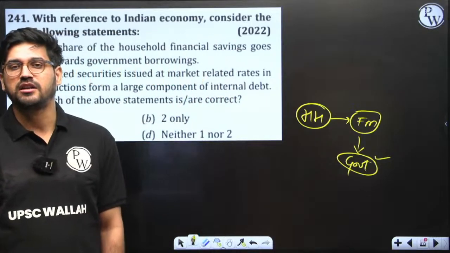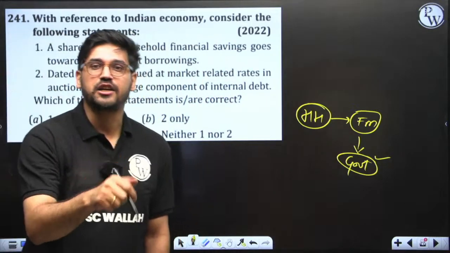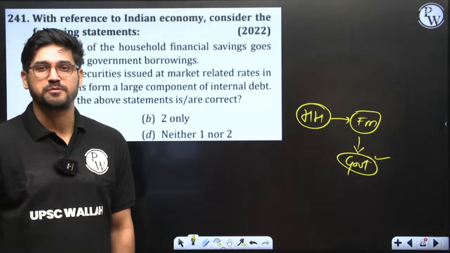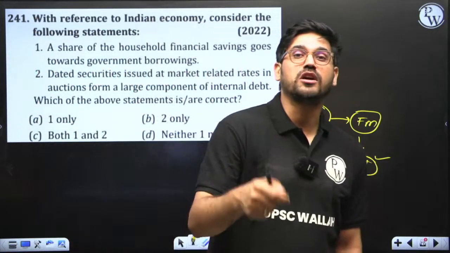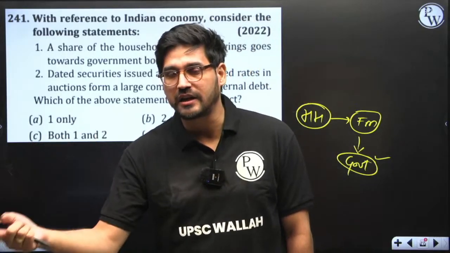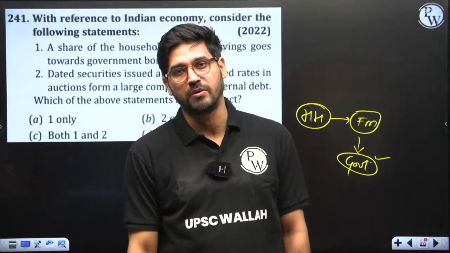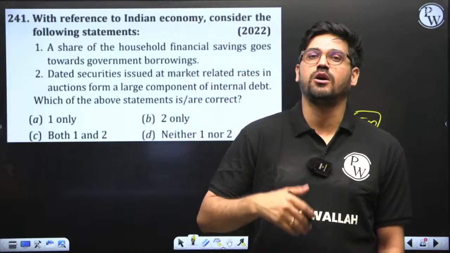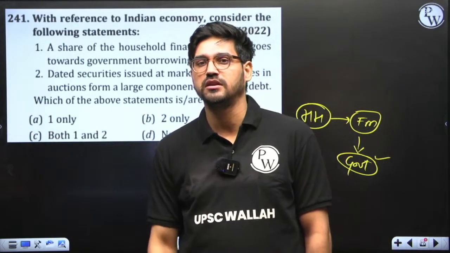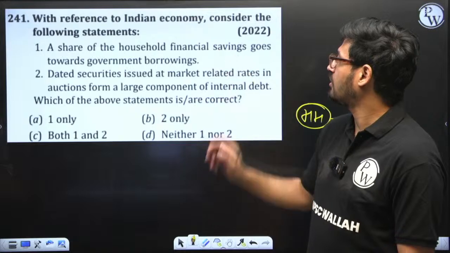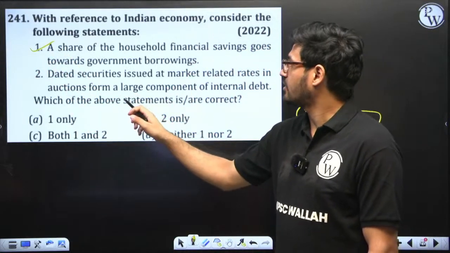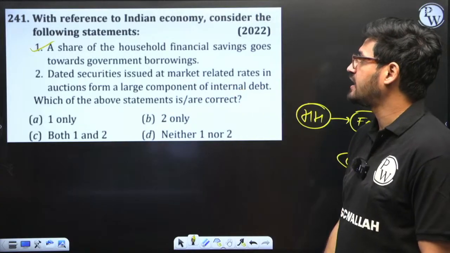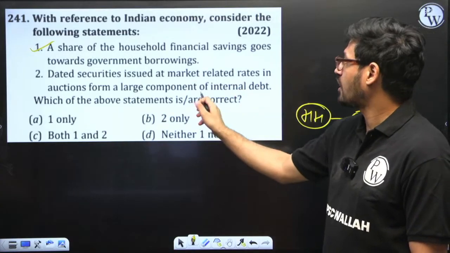So the government can directly get you to put your money into post office banks, in which case the government is directly borrowing from you. Or you can also subscribe to government securities as are being issued by the government in the open markets. In both cases, a part of your savings goes towards the government. So this is not wrong. This is absolutely correct.